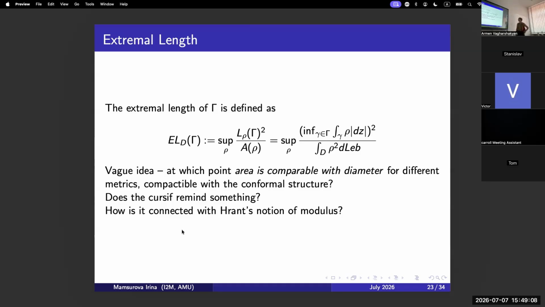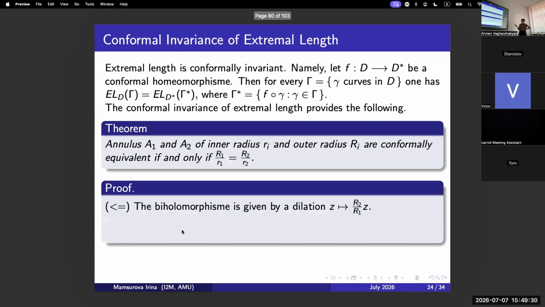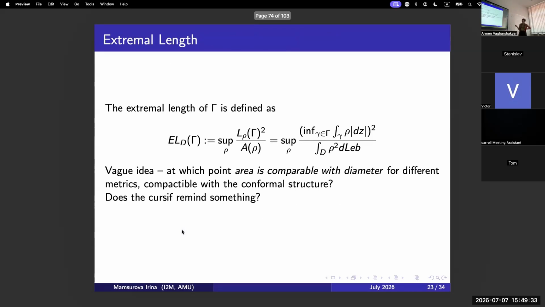I wanted just to say that the invariant for conformal transformations that Grant talked about yesterday is the same invariant, just normalized differently. We can compute it sometimes, for example for an annulus.